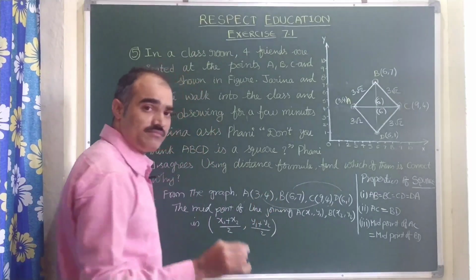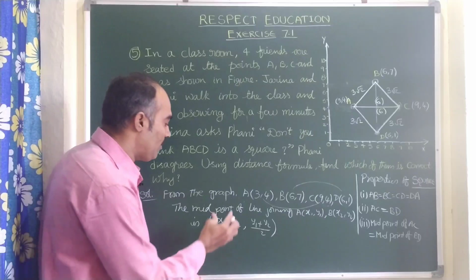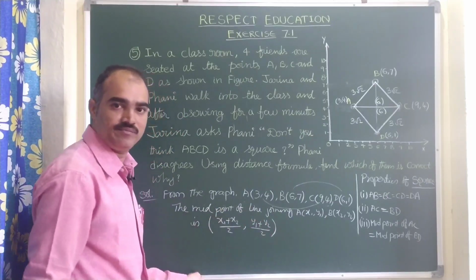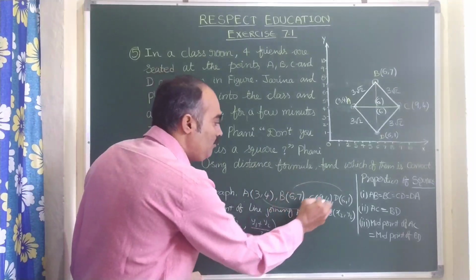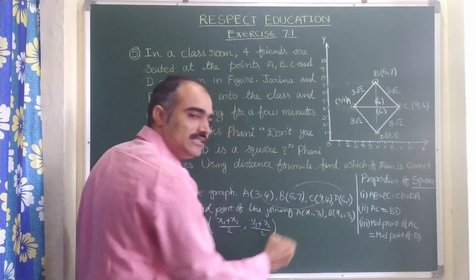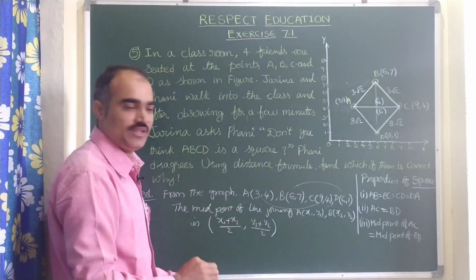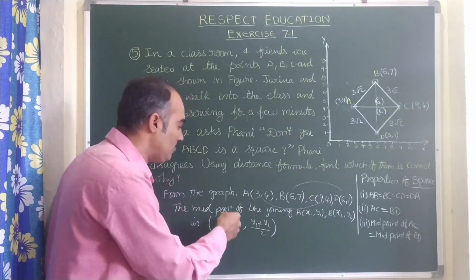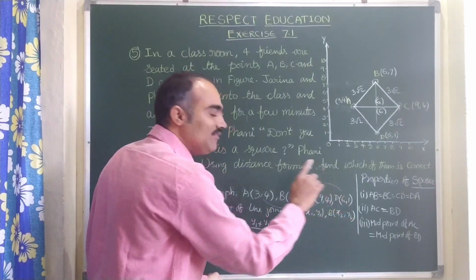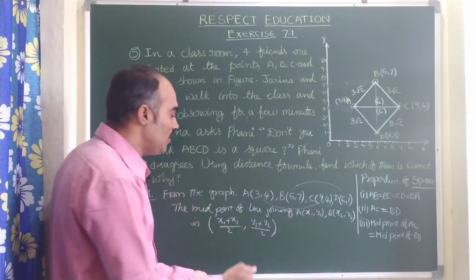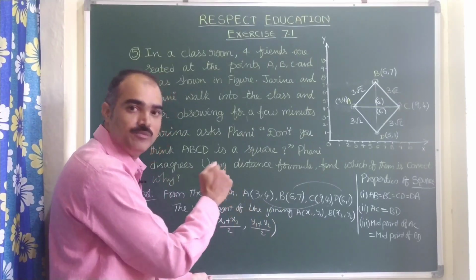Just observe, it is a midpoint, and a point should have one x coordinate and one y coordinate. You add the x coordinates and divide that value by 2, so x1 plus x2 by 2 gives the x coordinate of the midpoint. In the same way, you add y1 and y2 and divide by 2, so y1 plus y2 by 2 gives the y coordinate of that particular midpoint.